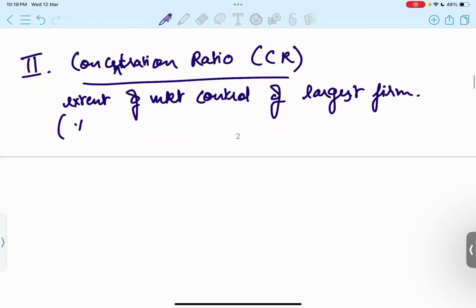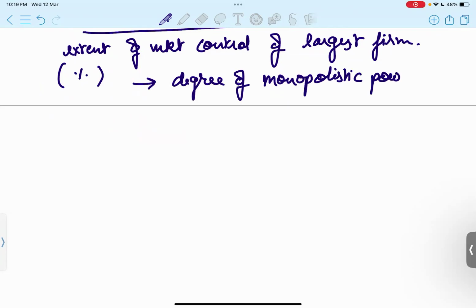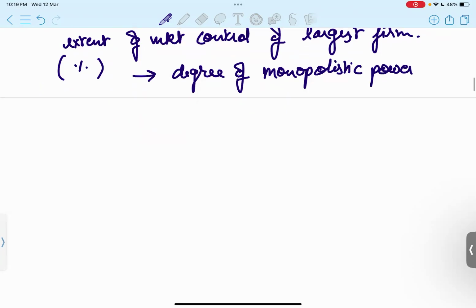In a way, this will also give us the percentage of market share. We can also call it the degree of the monopolistic power of the firm. That is also the same thing.